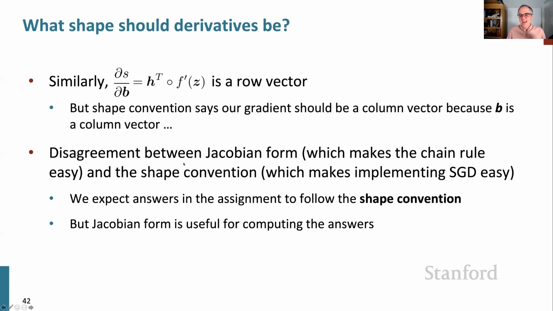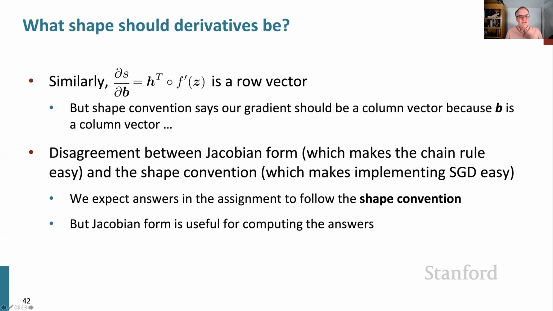But on the other hand, if you want to do stochastic gradient descent and be able to subtract off a piece of the gradient, that only works if you have the same shape matrix for the gradient as you do for the original matrix. This is a bit confusing, but that's just the reality. There are both of these two things.